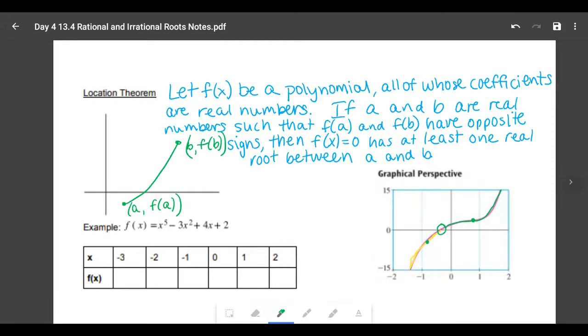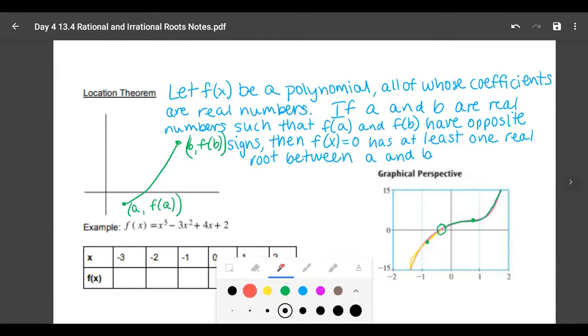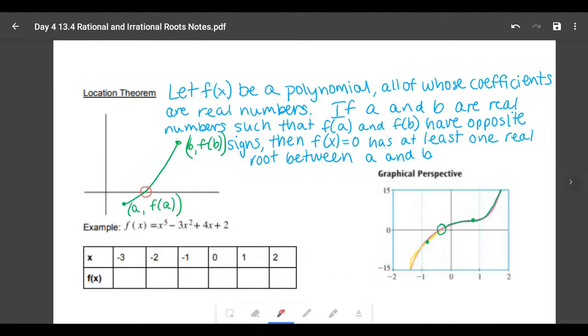And I know that f of a is negative because it's below the x-axis, and f of b is positive because it's above the x-axis. Then I know that there has to be at least one real root somewhere between a and b. So I'm going to call this a root between a and b.